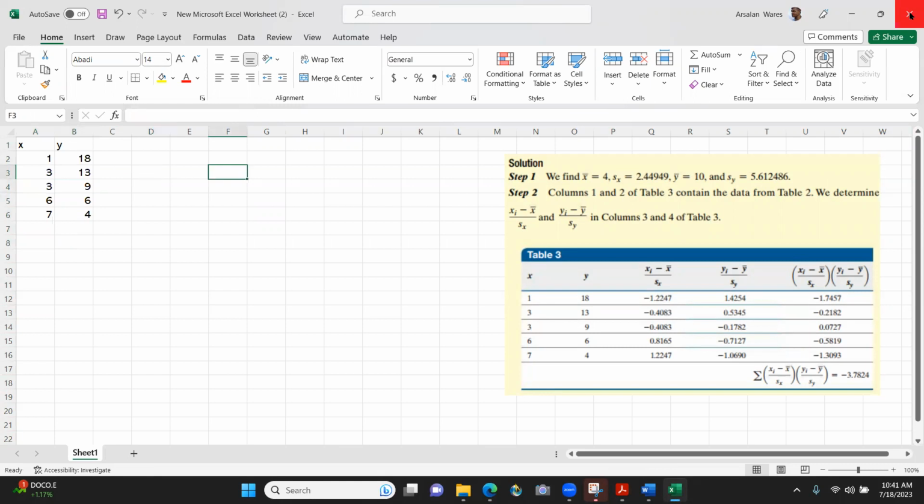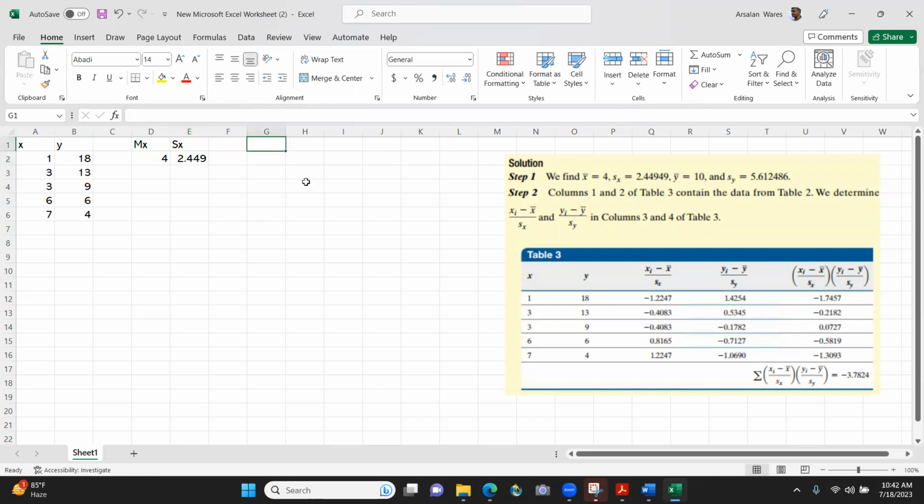All right, it's a small data set, right? The mean of the first one is 4. I'm going to write here mean x is 4, and the standard deviation Sx is 2.44949. I'm going to save it here.